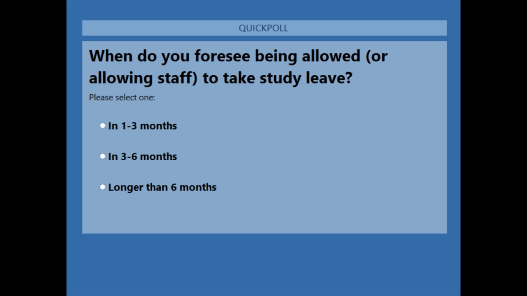And then there is a cohort who are able to do it a little bit earlier within the next 1 to 3 months. And we've only got 59% of the people then, is that right, Vic, that have actually voted yet? Yep, so far. So we'll just give it another 5 seconds and then we'll close the poll. All right. So I'll close it down now.